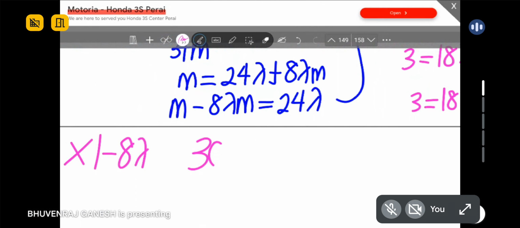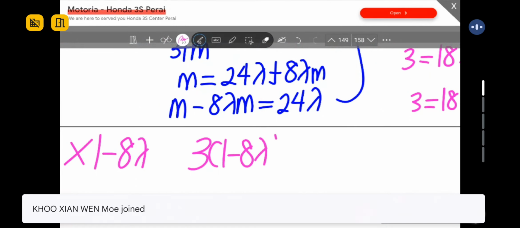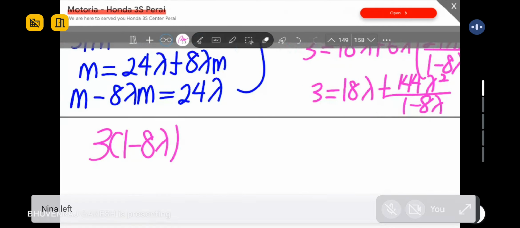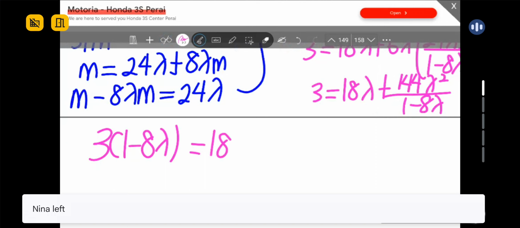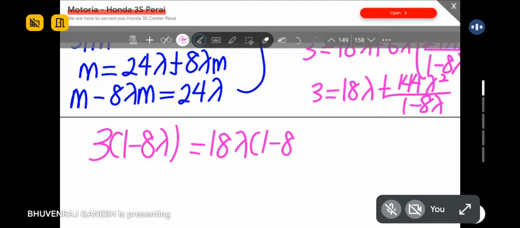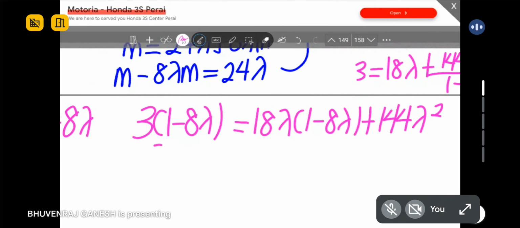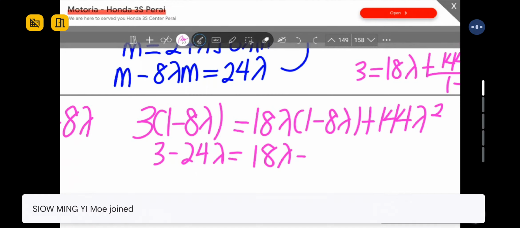So you have 3 times (1 minus 8 lambda) equal to 18 lambda (1 minus 8 lambda) plus 144 lambda squared. Okay, so you have 3 minus 24 lambda equal to 18 lambda minus how much?